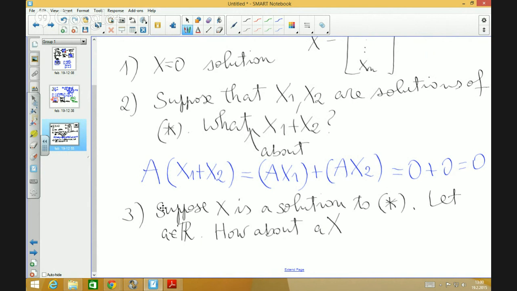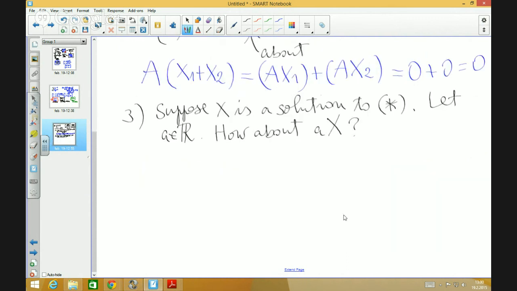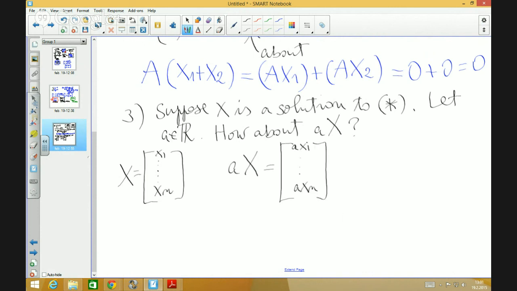So let me extend the page. If x is equal to x1, blah, blah, blah, xn, what is A times x? Absolutely, you multiply everything by A. That's an operation on matrices as well. You can multiply every entry in a matrix by a real number.